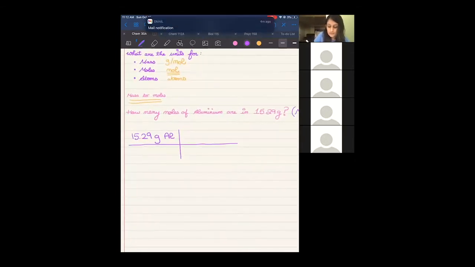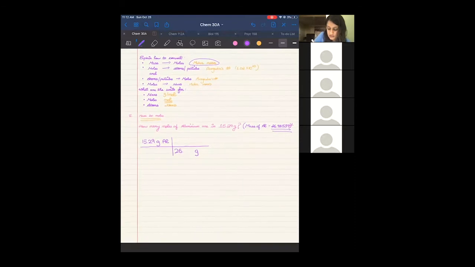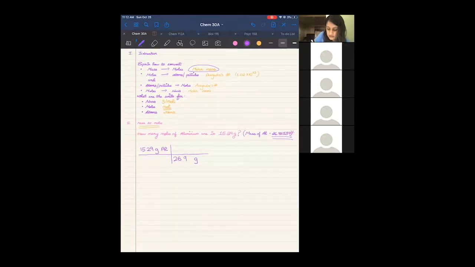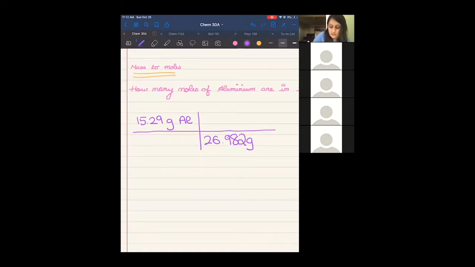So now I'm going to put the grams here, which is 26.982. I'm just going to round it. And then it's 1 mole. Basically, the conversion that you need is 1 mole of aluminum is 26.982 grams.